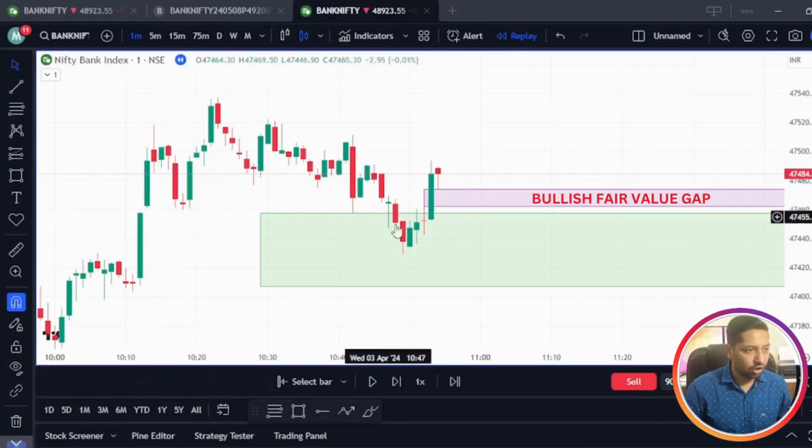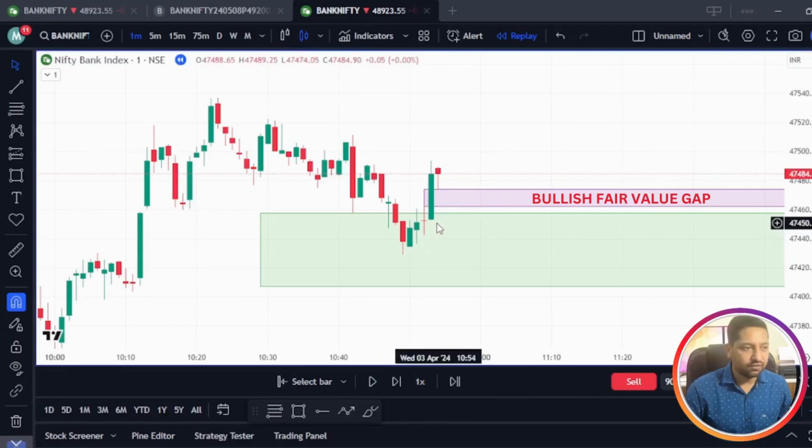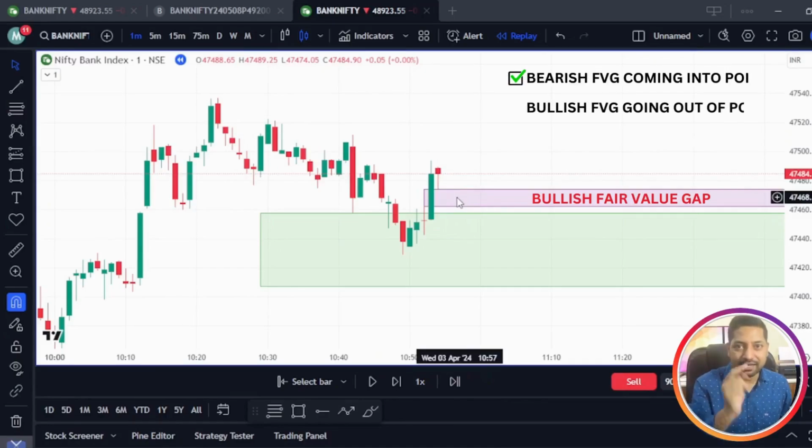All those sell orders have given smart money a good fill for their buy position, and once they've had their fill, they show their true colors by now violently moving price back up and creating this bullish fair value gap. That is your cue. That is where you want to look for your entry.